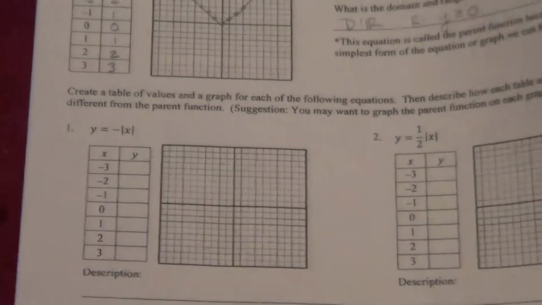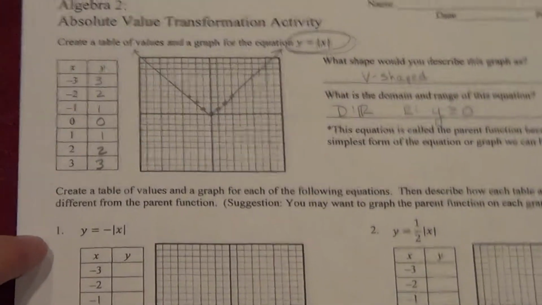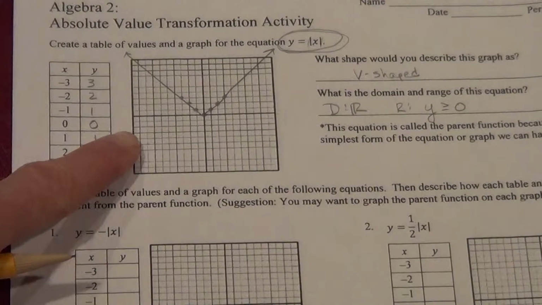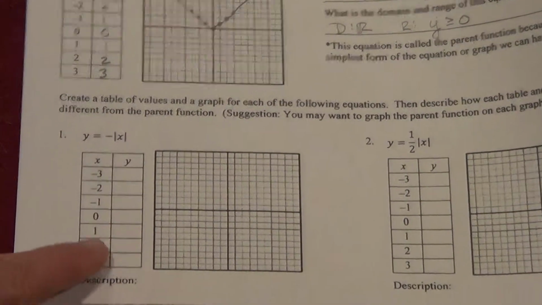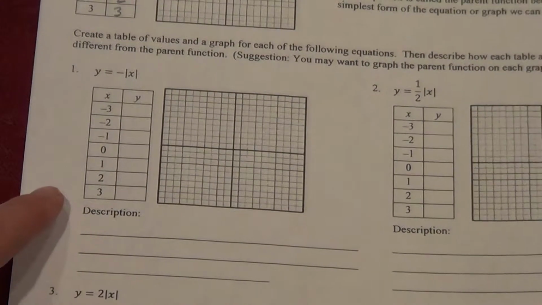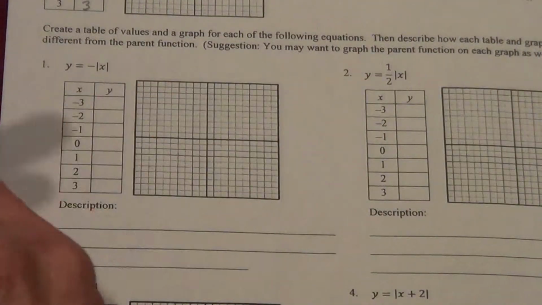Absolute value reflection. Well, if we look at the parent graph, we should already picture what's going to happen when we put the negative out front. Go ahead and pause the video and then come back on and see if you have it correct.